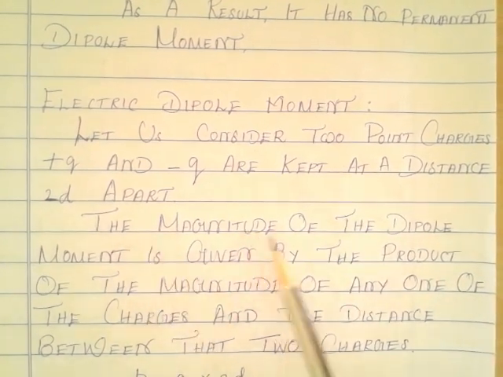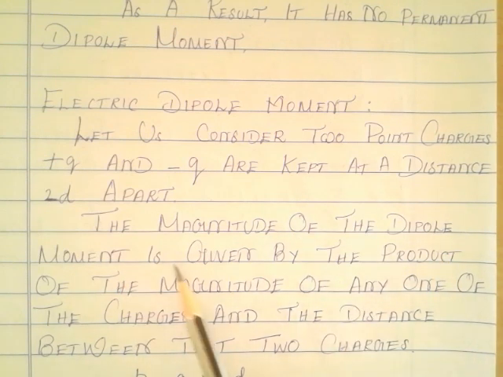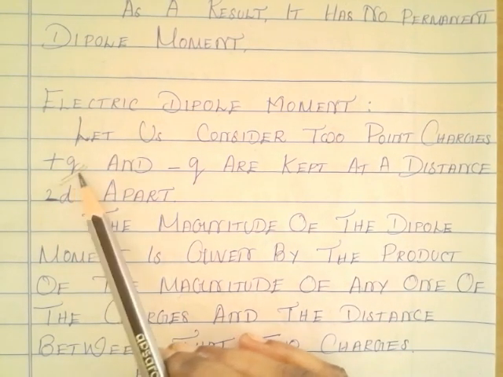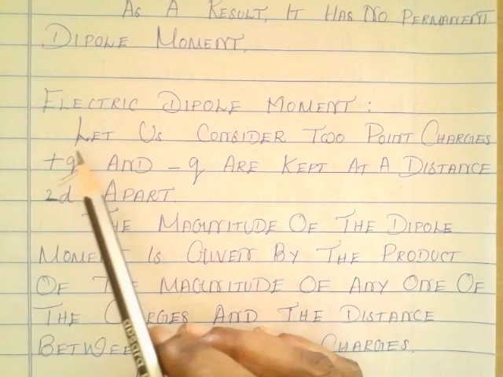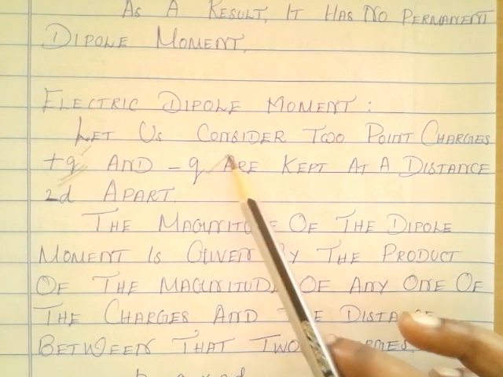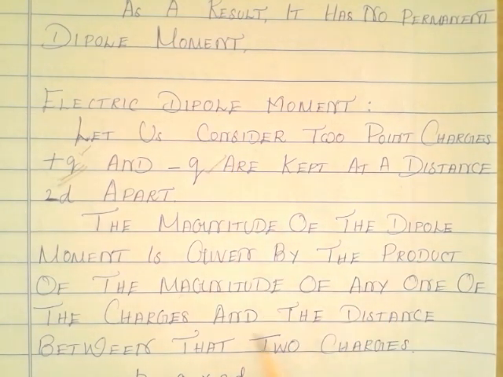The magnitude of the dipole moment is given by the product of the magnitude of any one of the charges, that is plus q, in other words minus q, and the distance between the two charges.